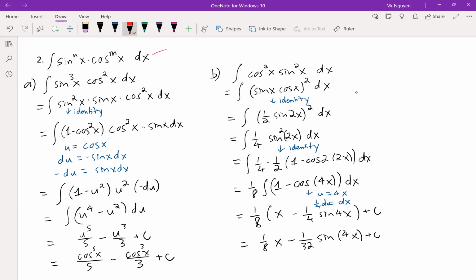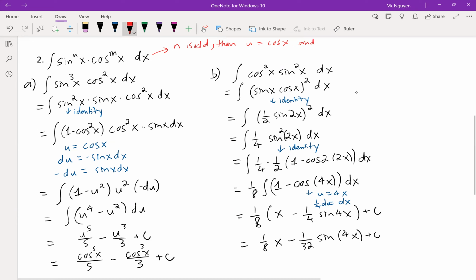First case is that if n is odd, then u is going to be cosine x, because the derivative is going to be negative sine x, and that is going to help us to reduce the odd power into the even power.